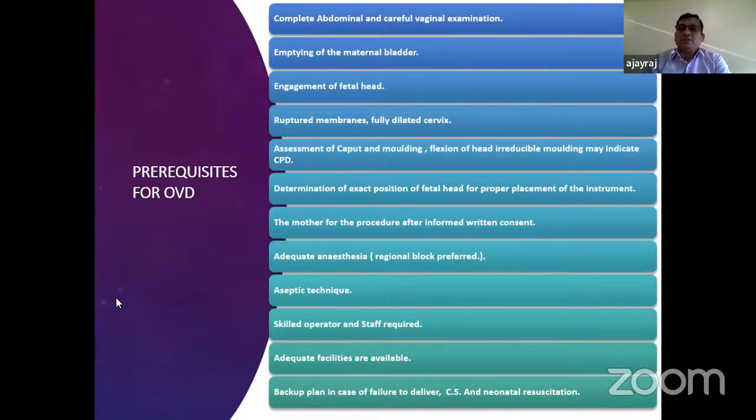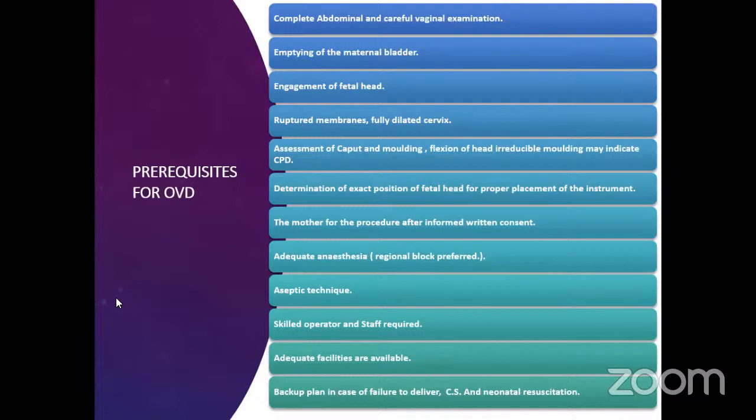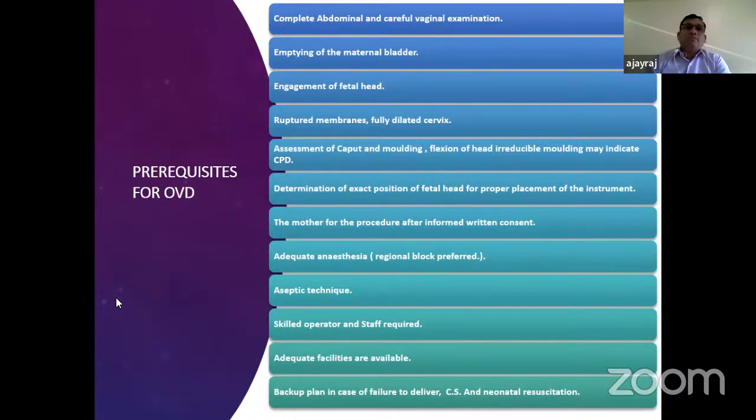Careful vaginal examination. Complete abdominal and careful vaginal examination, that is the dilatation of the cervix, then effacement of the cervix, then the position of the vertex, the rotation, and the station.